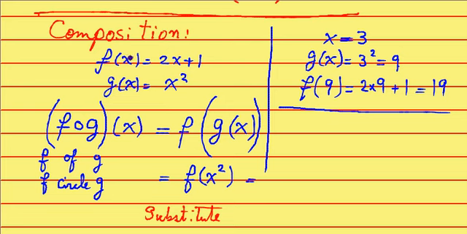Let's go to the very function f itself. Let me use a different color so that it's visible. Here is the input x, and here is that input. So f of x, here the input is red, is double the input plus 1. Now we are changing our input to this.